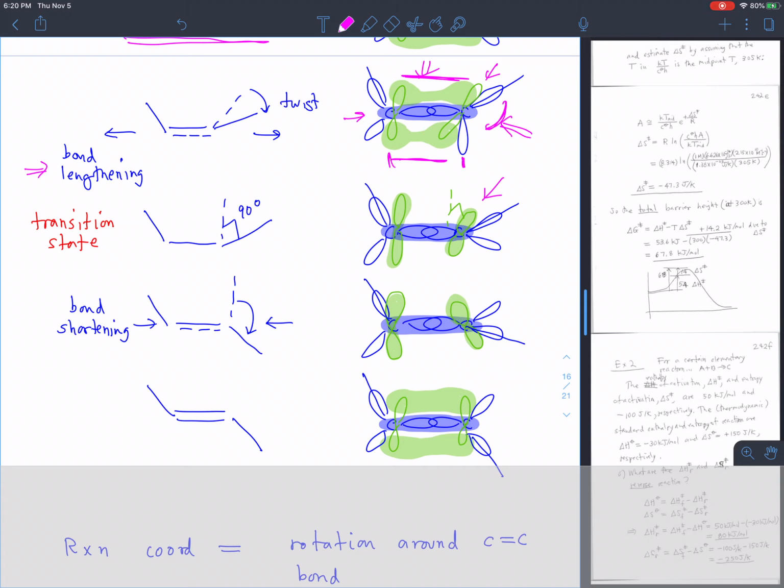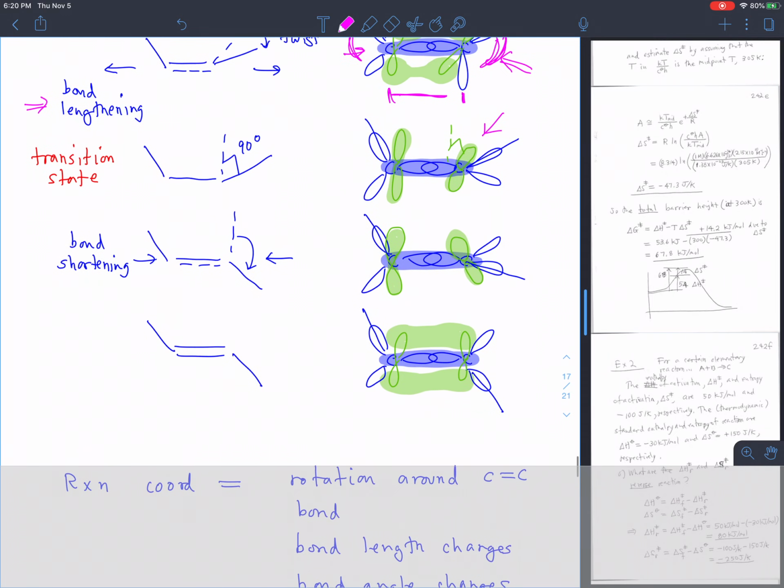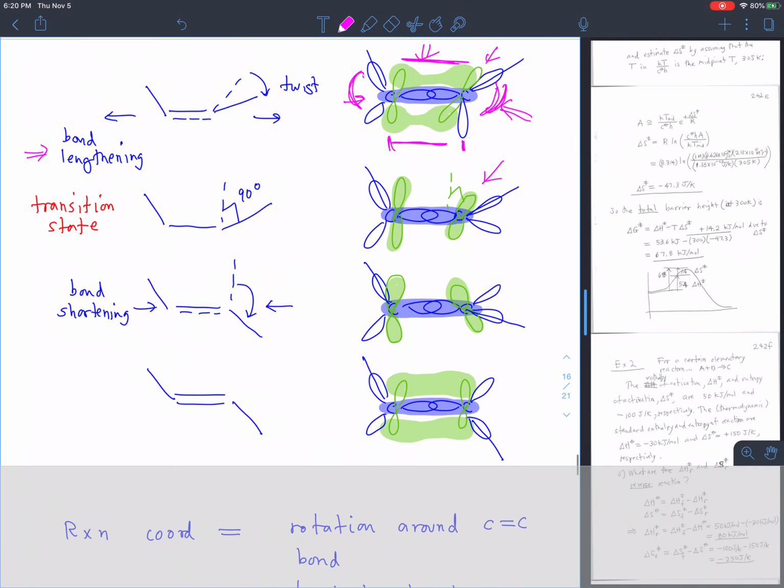Also, the bond angles here and here are going to change too, because you're changing the whole electronic structure of the molecule as you're doing this, and that's going to make at least small changes amongst all the atoms in the whole molecule. That's what I mean by collective motion, following some program that moves all the atoms at once in a concerted and collective way. So you reach 90 degrees, now the pi bond has been completely broken.